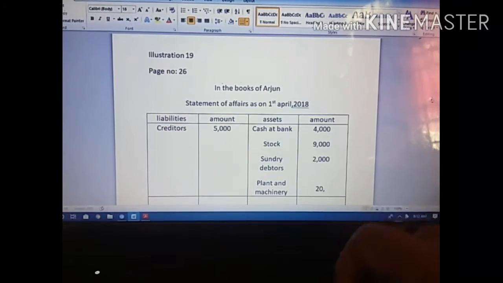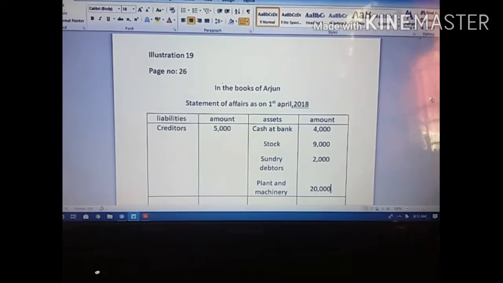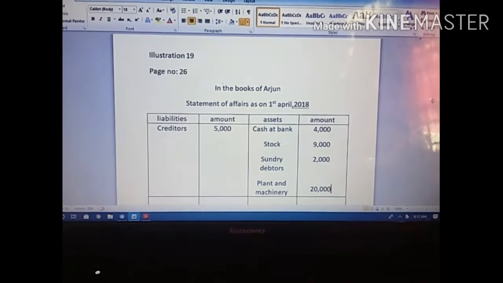These are all the amounts available in this problem. So based on the available information, we have to enter all the amounts. Now we have to add the liability side separately and the asset side separately.